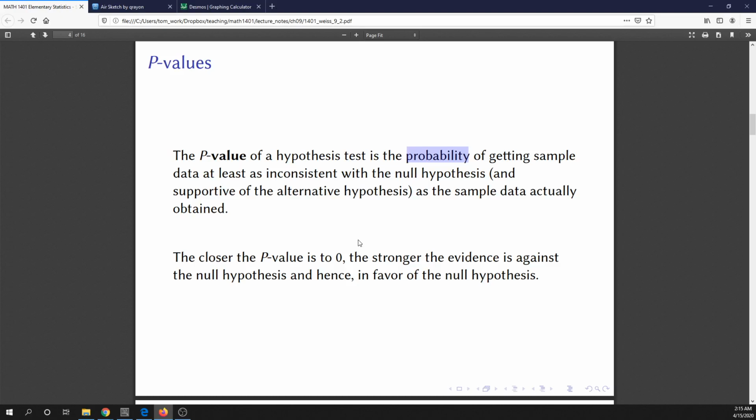So the closer your p-value is to 0, the stronger the evidence is against the null hypothesis, and hence in favor of the alternative hypothesis. So let me fix that typo.